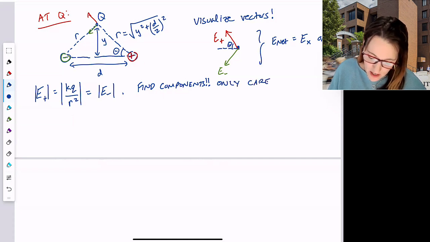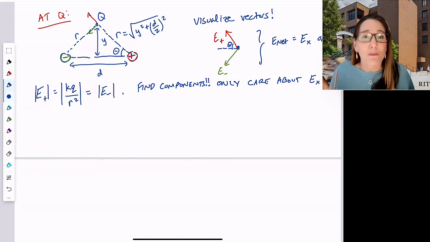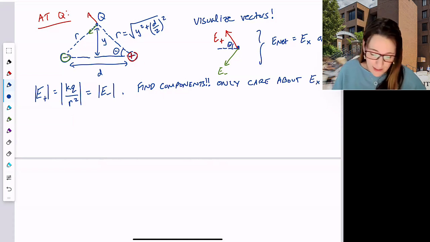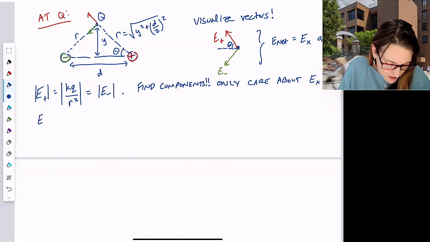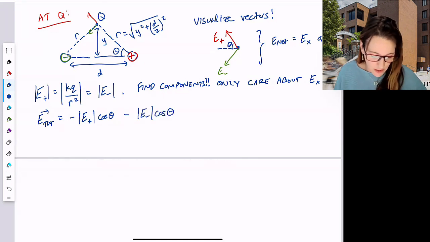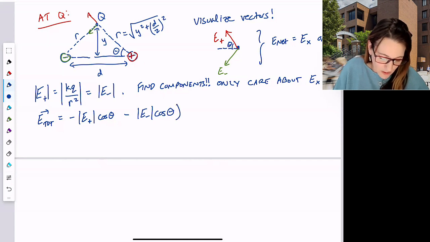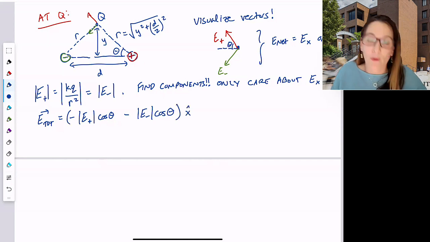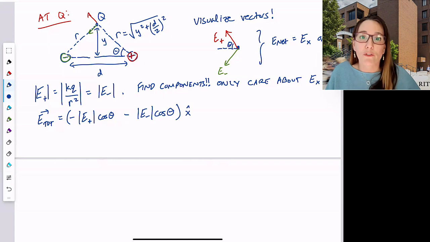So I only care about E sub X, so I don't actually have to make the whole table for E sub Y. I can just then say here that E total is going to be equal to negative magnitude of E plus times the cosine of theta, and then minus magnitude of E minus times the cosine of theta. So these are the X components of both of those vectors in terms of their magnitude.